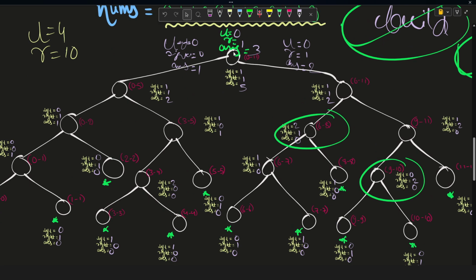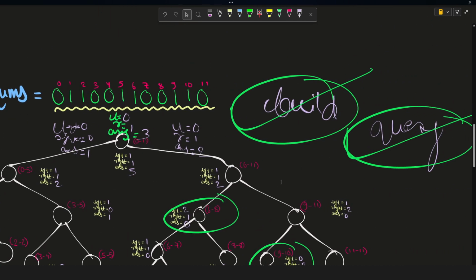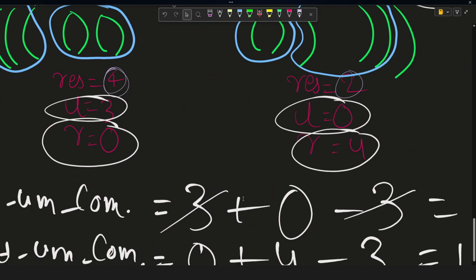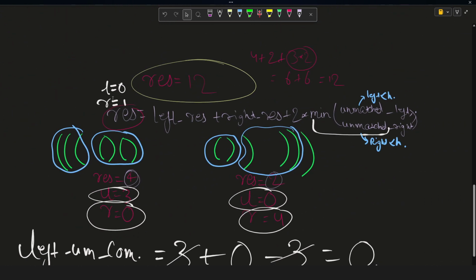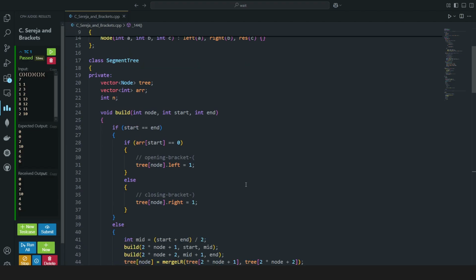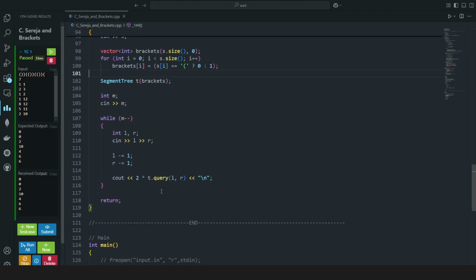I built the segment tree from the very start for the given example in detail, and after building it, I explained one query, how the result was calculated, and what mathematical formula was there for each of these 3 variables, that is the result, the left unmatched bracket and the right unmatched bracket for a given range. And then I coded it up like this, and hence we got the correct output and got it accepted on the platform.